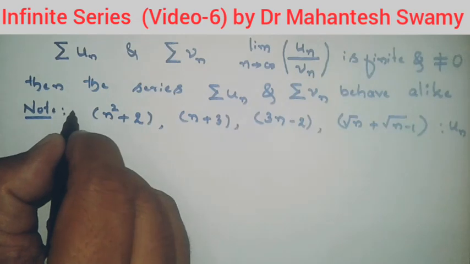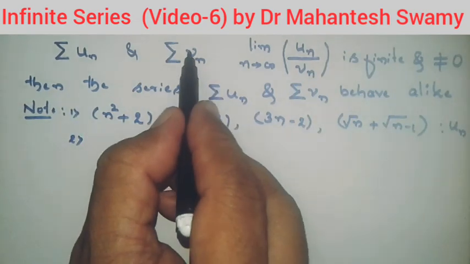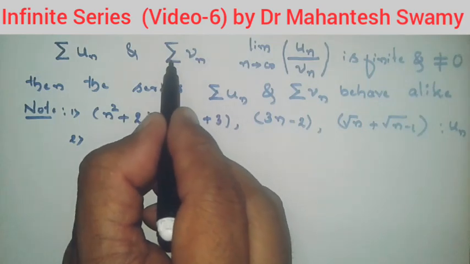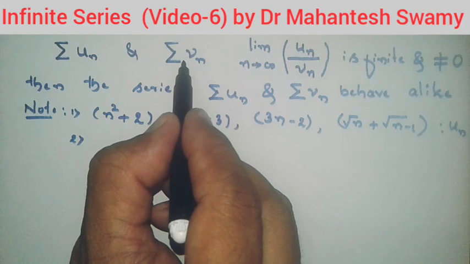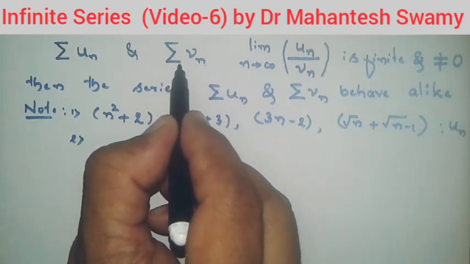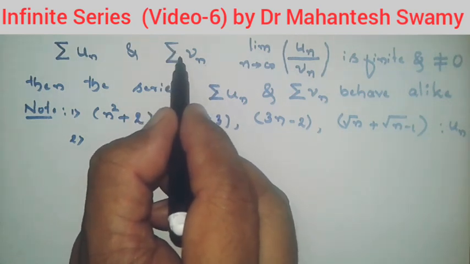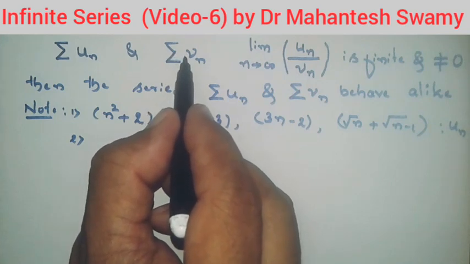The second remark is that in this case we need to find the second series, that is summation vn, whose nature is known. That is very important. Usually we choose this summation vn either as the geometric series or the p series whose nature is known.